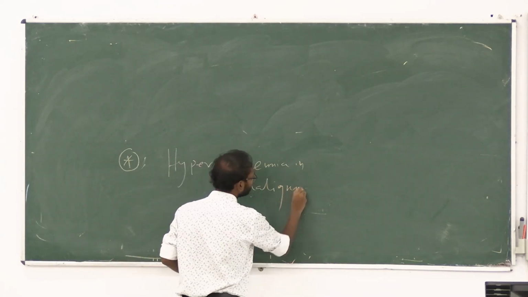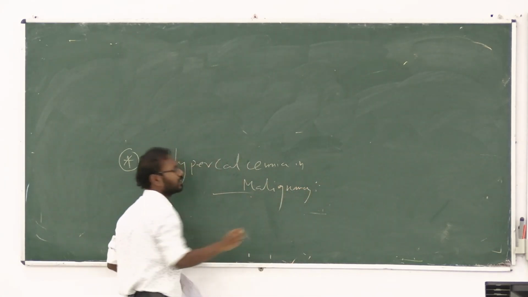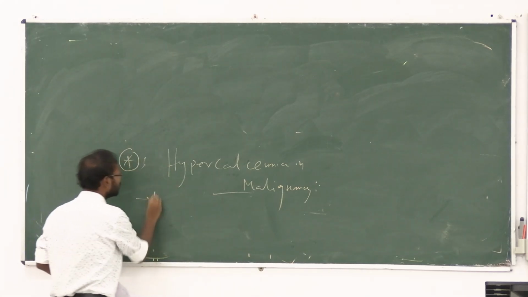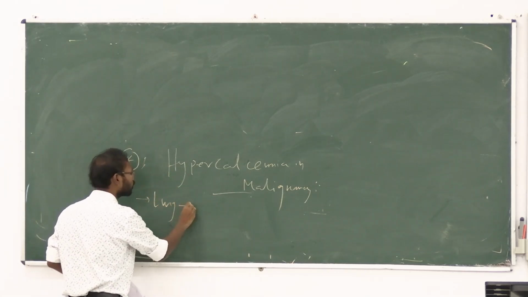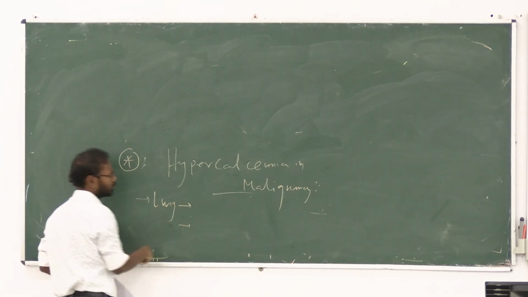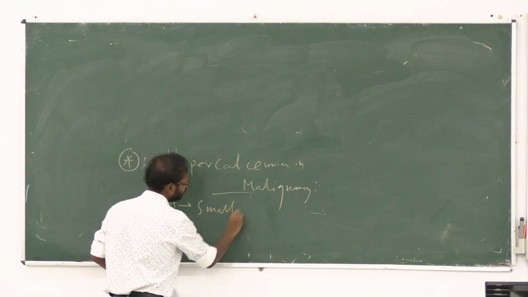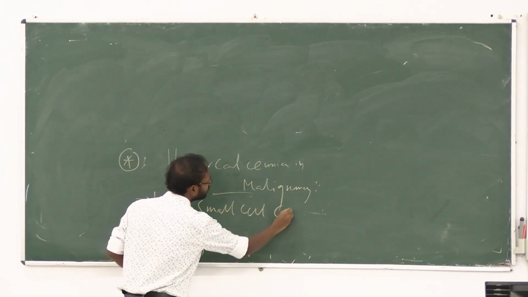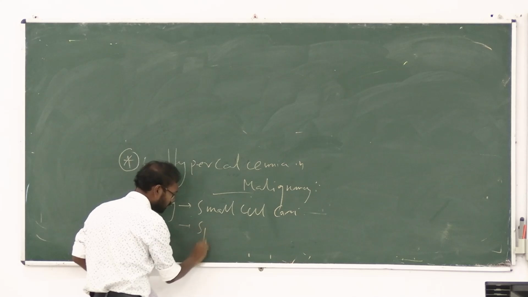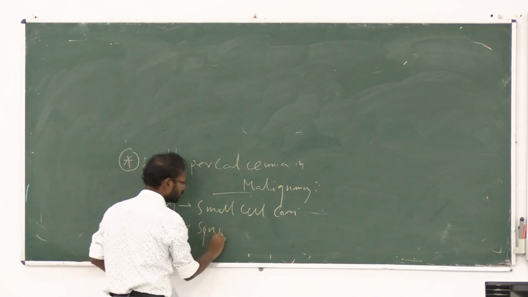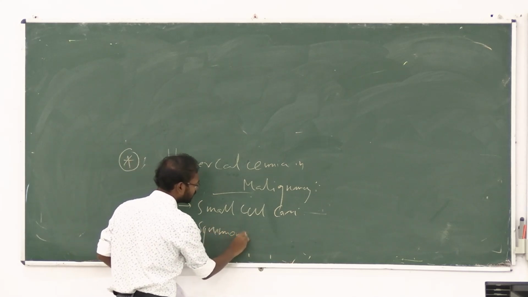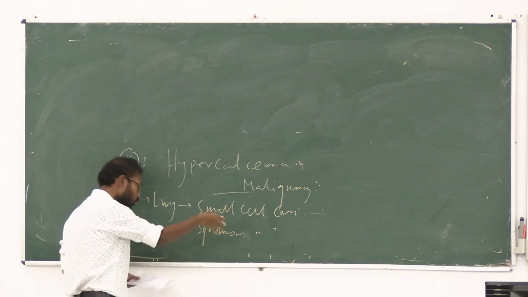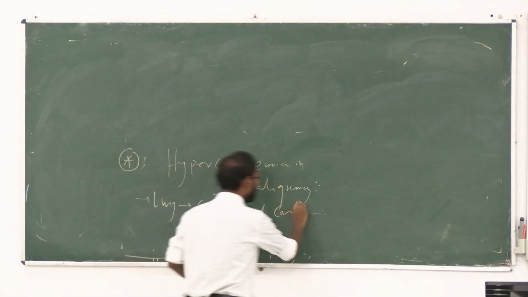Like lung. In case of lung, a lot of kinds of tumors can be seen. 2 types of tumors: small cell carcinoma and squamous cell carcinoma. You have heard of this, right? Squamous cell carcinoma. So these 2 things, of course, in lung.